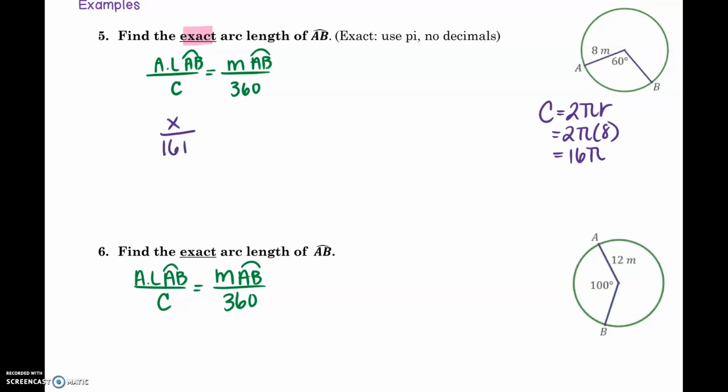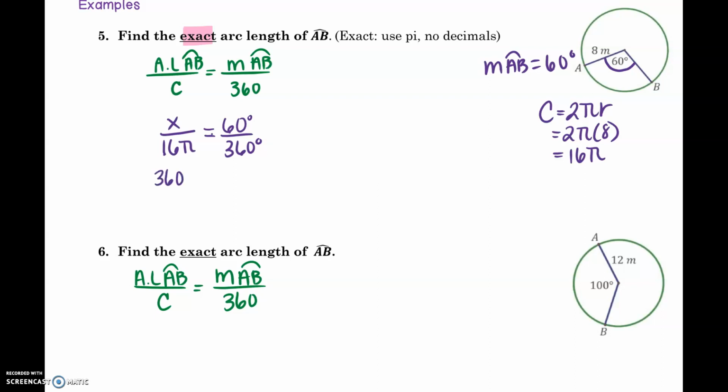So we have x over 16 pi is equal to the measure of arc AB, which is always equal to its central angle. So the measure of arc AB is equal to 60 degrees. So we have 60 degrees over 360 degrees. Now we can cross multiply and solve for x, which is the arc length.